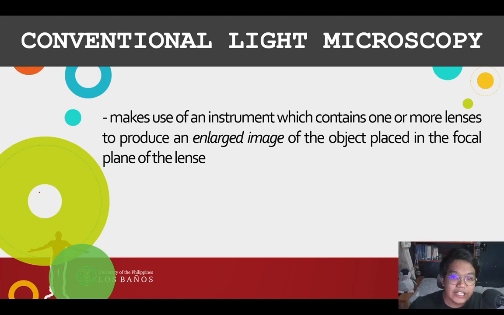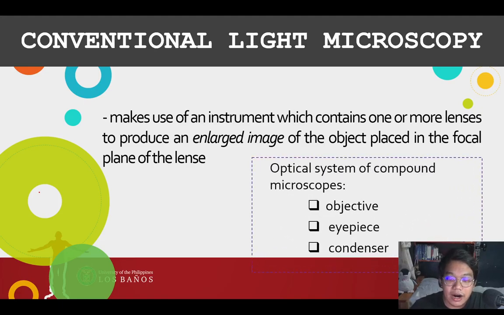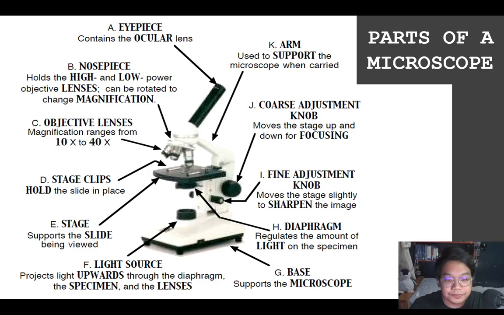For the conventional light microscopy, we make use of an instrument which contains one or more lenses to produce an enlarged image. These lenses are via the optical system of the compound microscope, which includes the objective, the eyepiece, and the condenser.